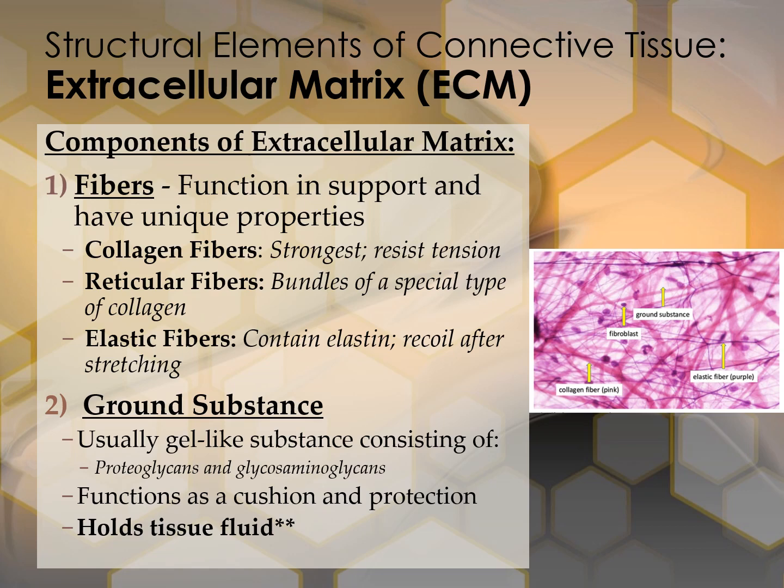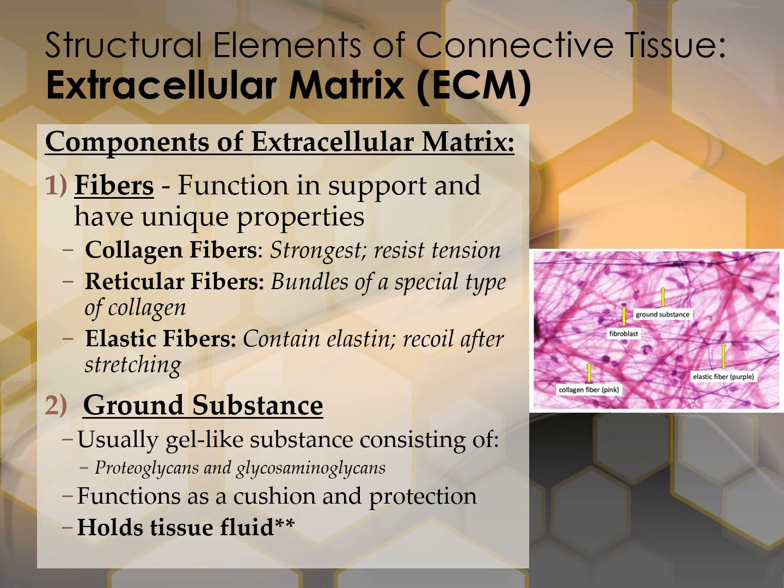Okay, so that'll come into play in some of our tissues that are able to stretch. So those are the fibers, okay? And now we have ground substance. And essentially it's that kind of a gel-like substance, as I was saying before, and it's made up of these proteins called proteoglycans and glycosaminoglycans. And again, you don't need to know those names of those things. But just know what it does, okay?